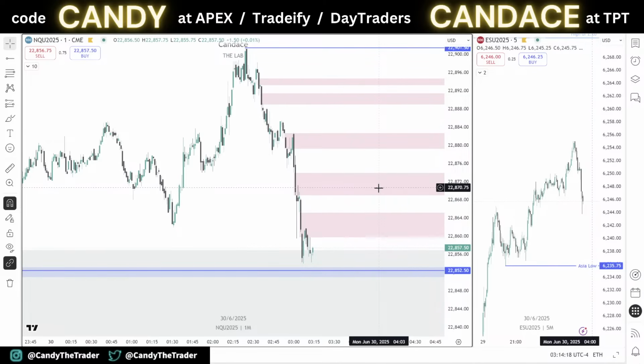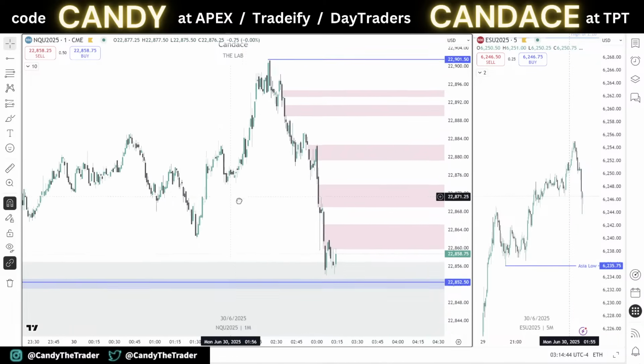Whatever decision we make, we have to accept the result. Sometimes because the result doesn't appear like what we want, we get emotional, and then we become overtrading, want to revenge trade, want to chase the price, everything. Sometimes we just have days like that. We can't have everything we want.